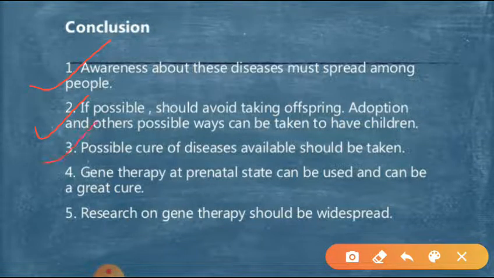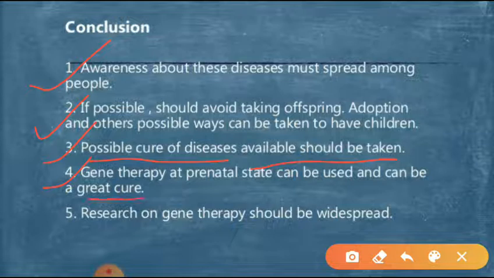Next, third point, possible cure of diseases available should be taken. If any possible cure of these diseases is available in our area, it should be taken. Next, gene therapy at the prenatal state can be used and can be a great cure.